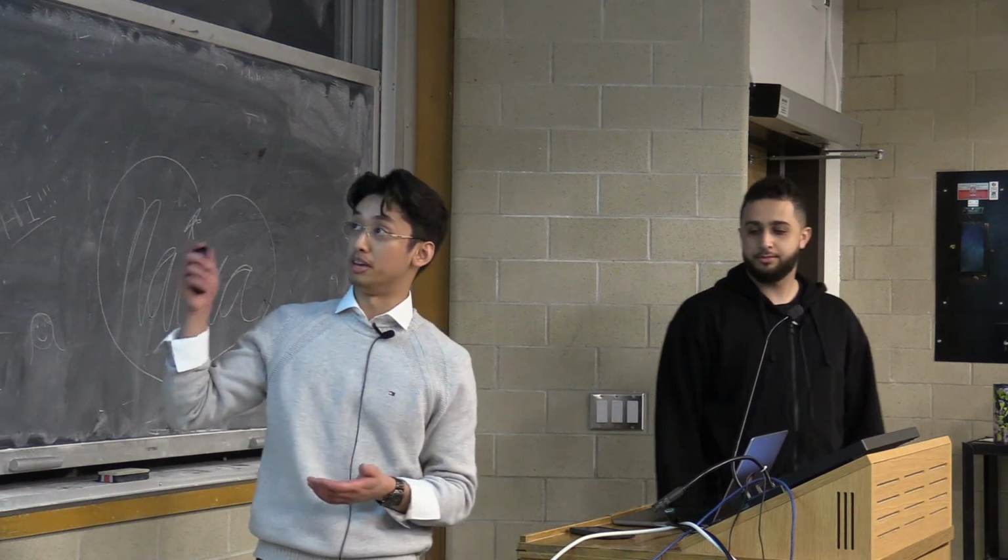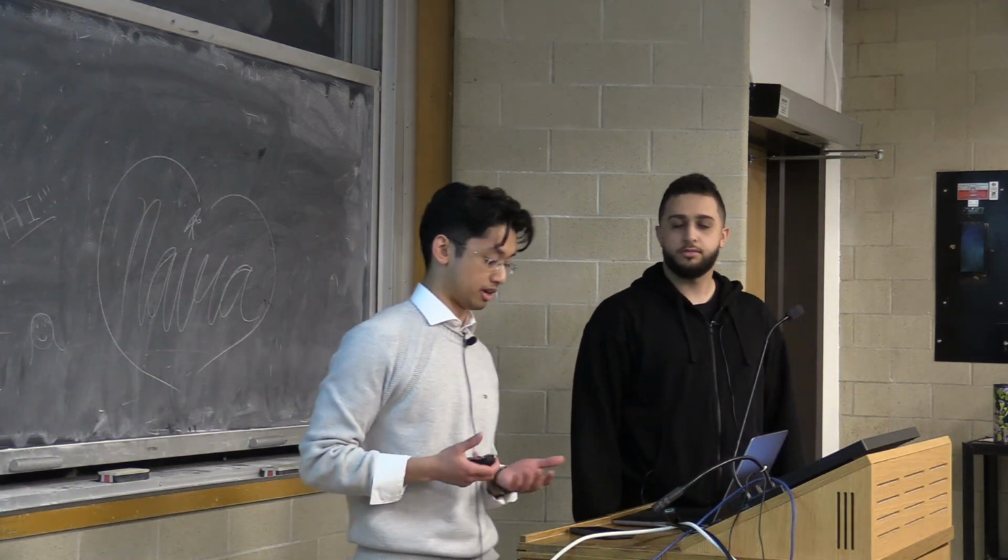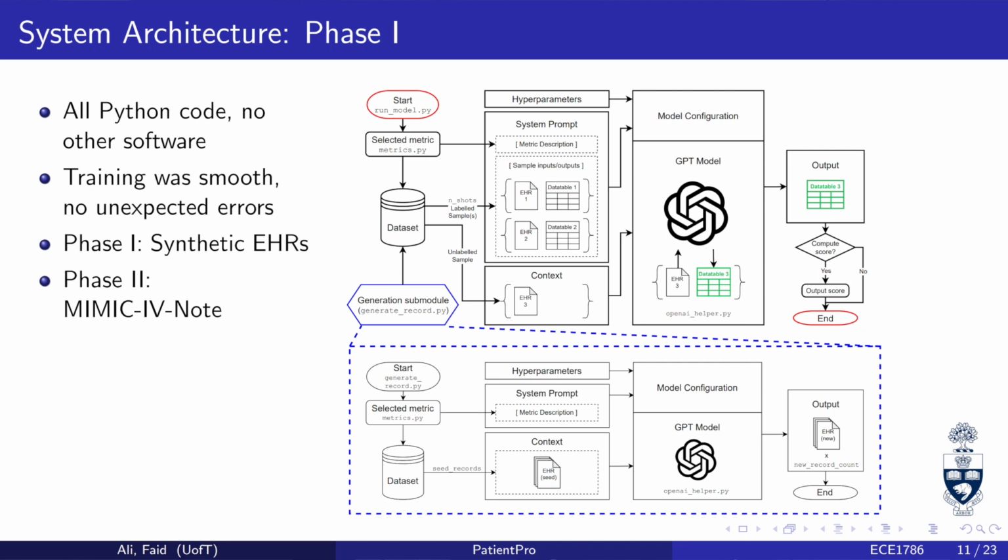For our phase one, which was when we were using our synthetic records, this is what our system architecture looks like. Before the main flow starts, we start with our generation submodule. The prompt is quite straightforward. We say, take a look at this seed record, give us something like that, and vary the data a little bit. Then GPT-4 outputs several synthetic EHRs, which we then populate the data set of the main flow with.